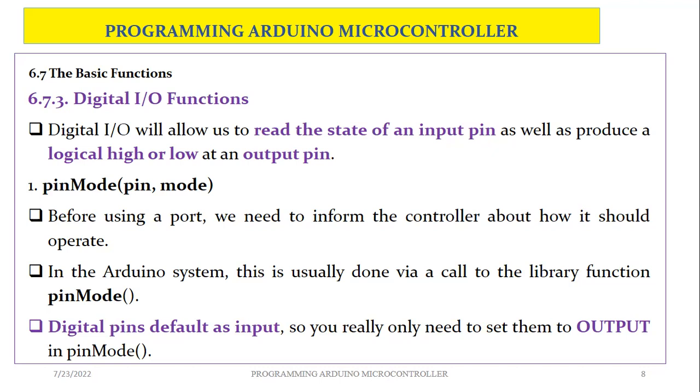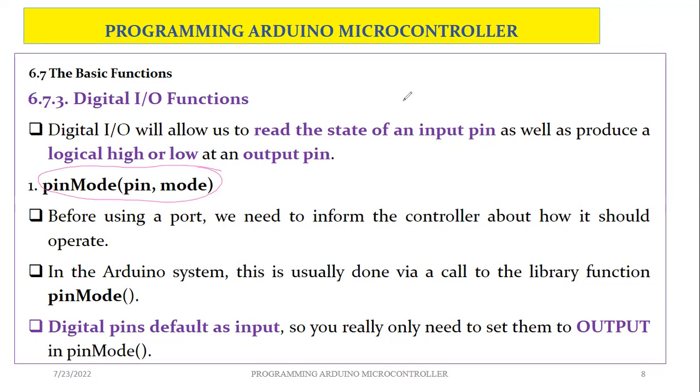So the first function that I want us to go through is the pin mode function. As you can see here, this is the syntax for using the pin mode function.